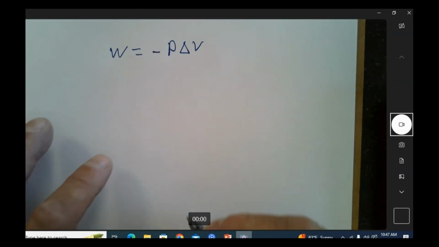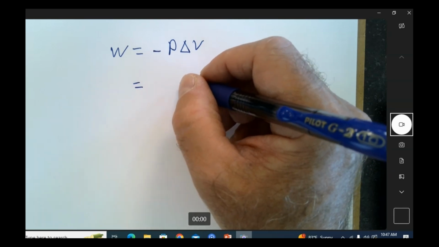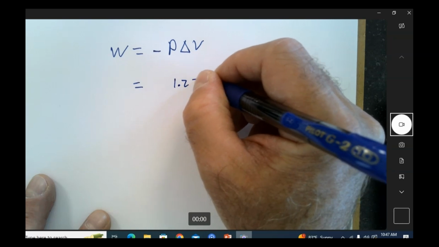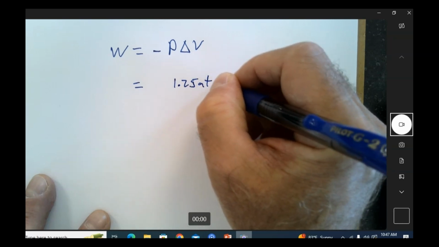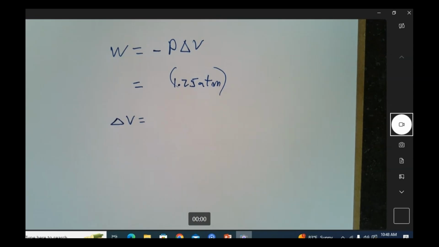So there's my equation, and I know the pressure on part A says 1.25 atmospheres. And my change in volume, I'm going to go final minus initial, so I'm going to go 89.1 minus 45.2.